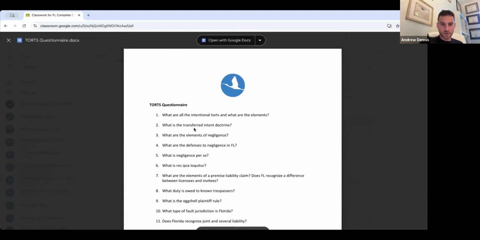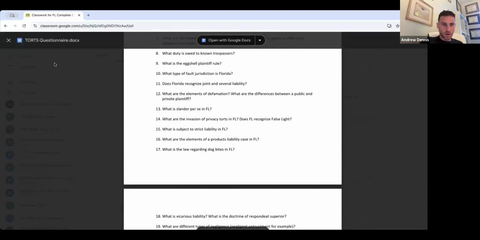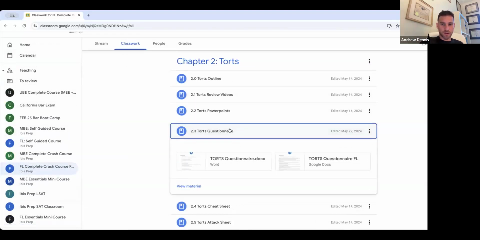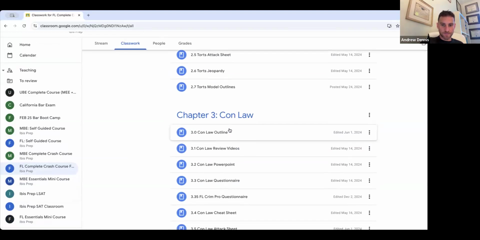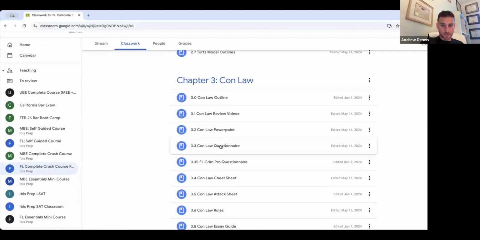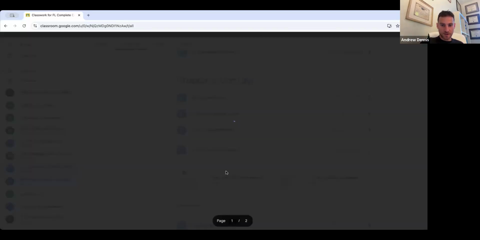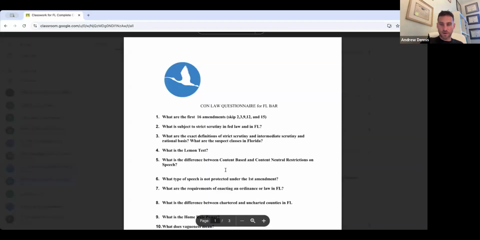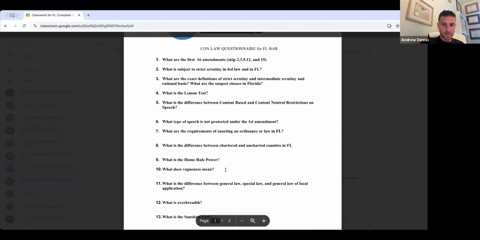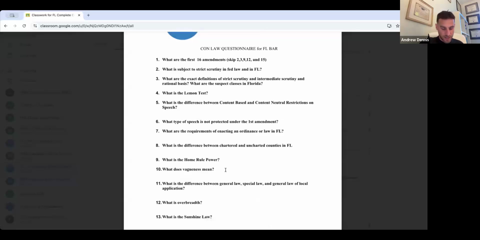So that's torts. I feel like torts is just about knowing all the different torts, writing about them all, and you'll do just fine. Con law is pretty tough, right? Because we have a lot of different questionnaires to talk about. So first, the first 10 amendments. The First Amendment is freedom of speech, freedom of religion, freedom of the press, freedom of petition, freedom of assembly, right?